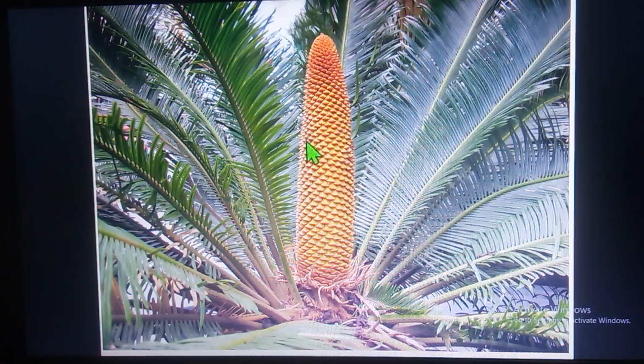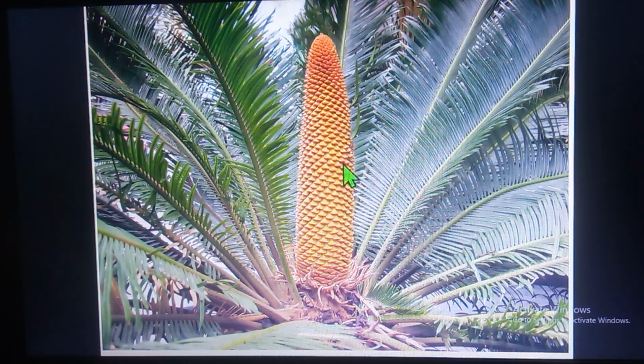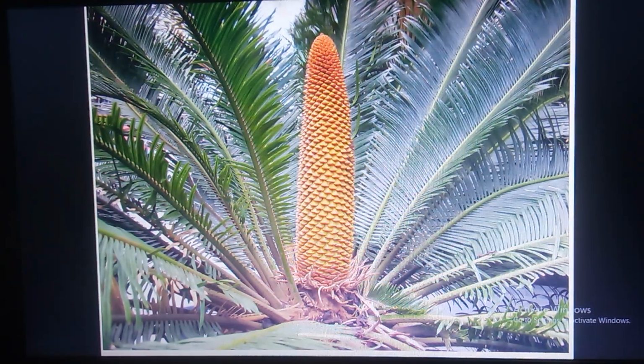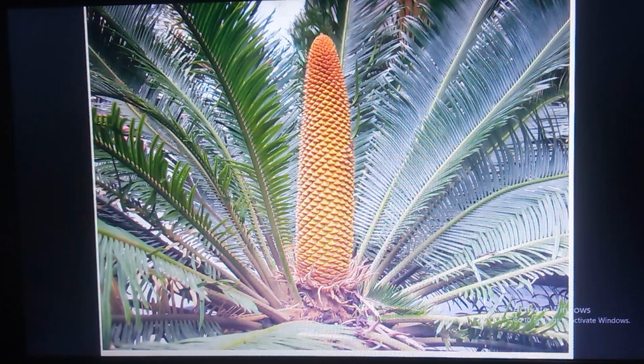The microsporophylls are arranged compactly in the form of a cone, which is cylindrical or ovoid and woody in texture. Each cone is very large, and it can reach up to 50 centimeters in length or more. In other Cycas species, it can reach more than 50 centimeters.